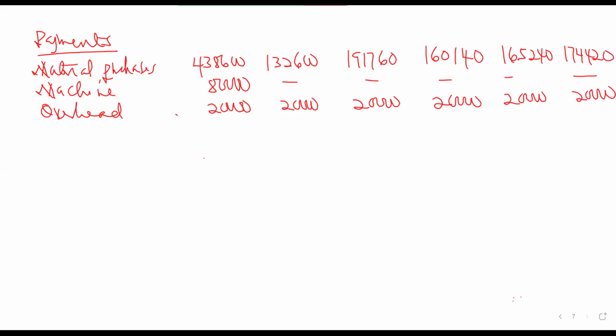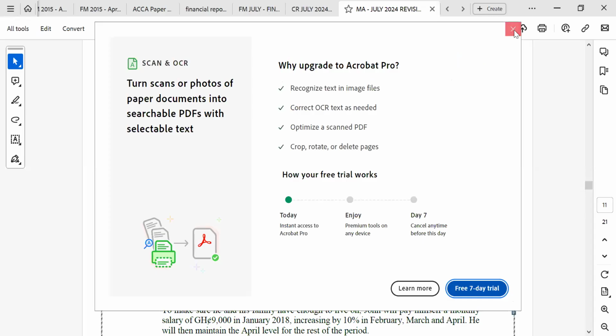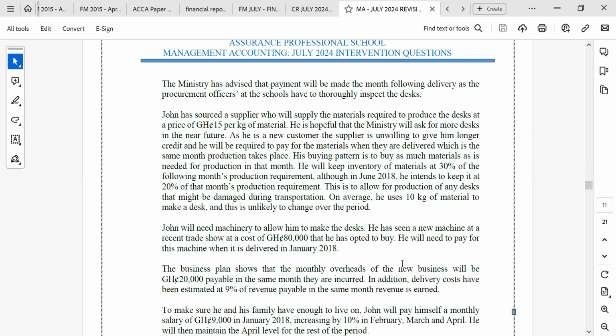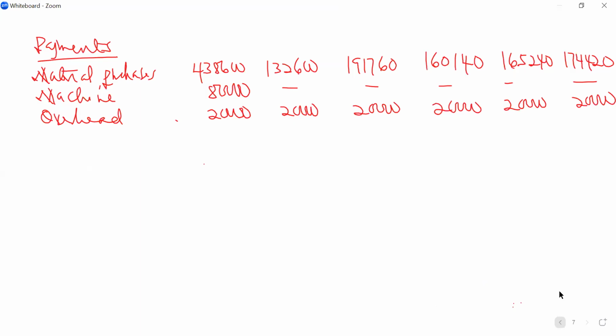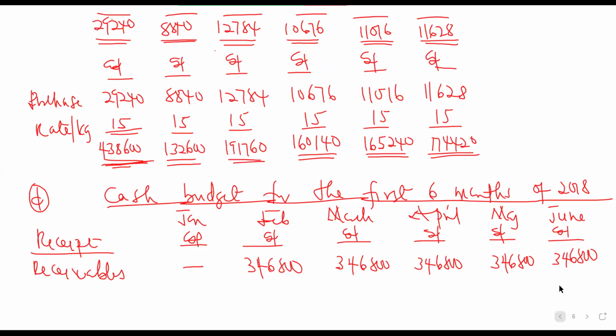Delivery cost. Someone should help us with the calculation of the delivery cost. Delivery costs have been estimated at 9% of revenue payable in the same month revenue is earned. So what will be the 9% for every month? 31212. Okay.